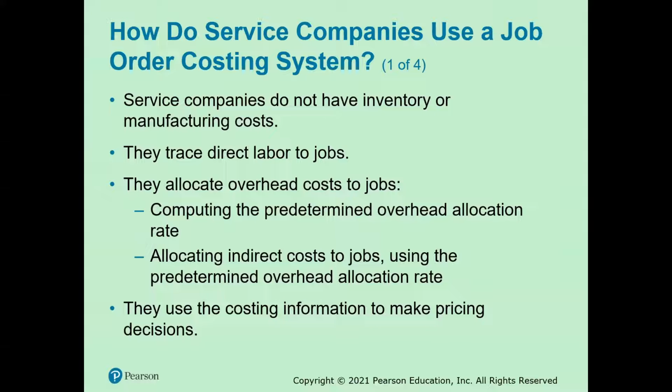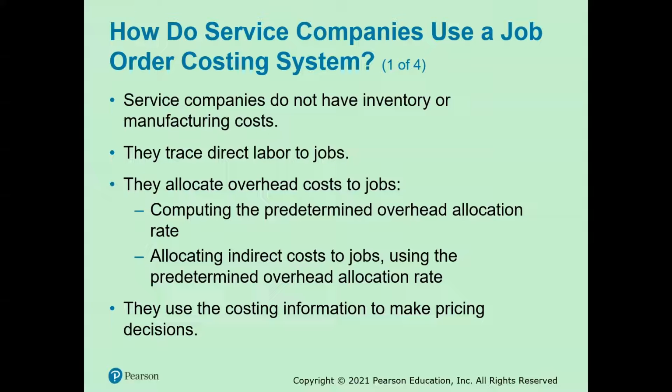Service companies or firms have no inventory, but they still incur operating costs that need to be allocated to jobs. The hourly rate is found by taking the total salary paid to a particular employee for the year and dividing by available work hours per year. The predetermined overhead allocation rate is calculated using an allocation base such as direct labor hours.